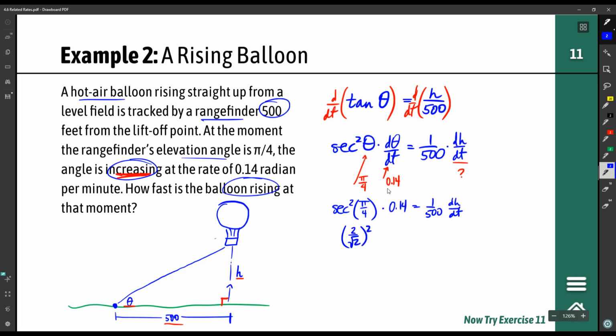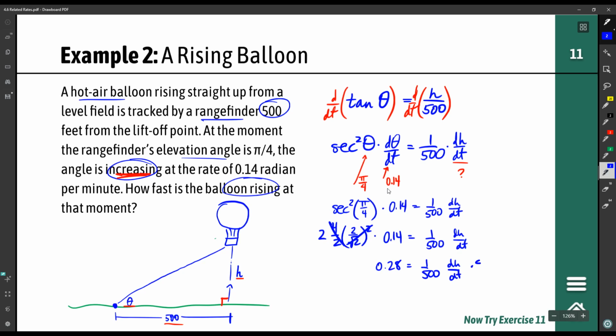And that's squared times 0.14 equals 1/500 dh/dt. So then if we take 2 over root 2 and square it, we get 4 over 2. And then we take 4 over 2, and that's just 2. So that gives us 2 times 0.14. So that becomes 0.28 equals 1/500th dh/dt.